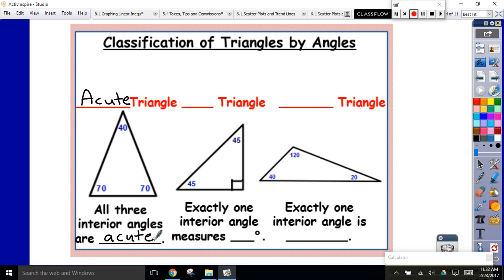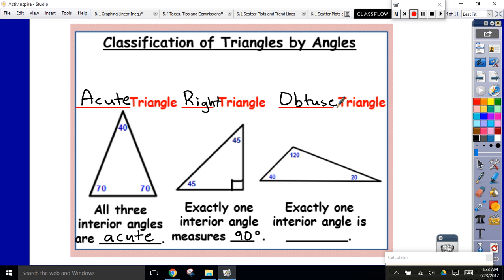Okay, the next kind of triangle is a right triangle. A right triangle has exactly one angle that measures 90 degrees. And it's usually given by a little square. That square means that it's a right angle. The last kind of triangle is an obtuse triangle.